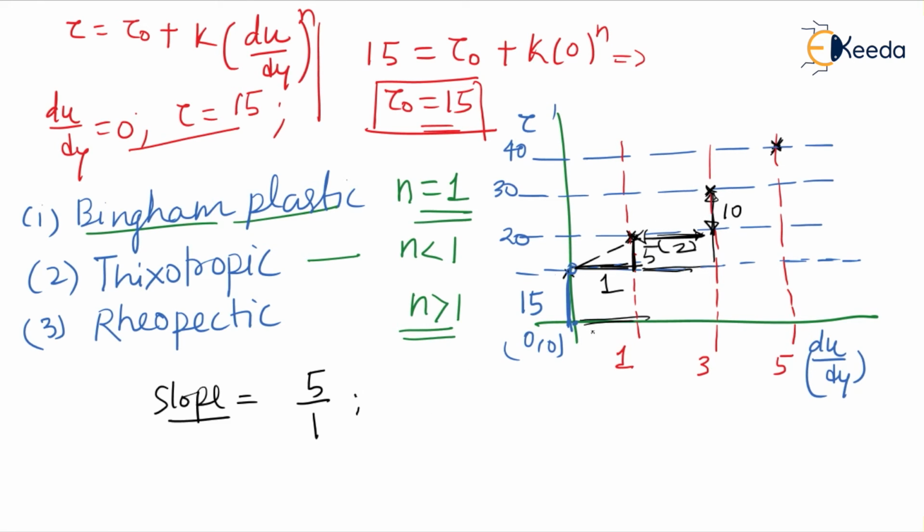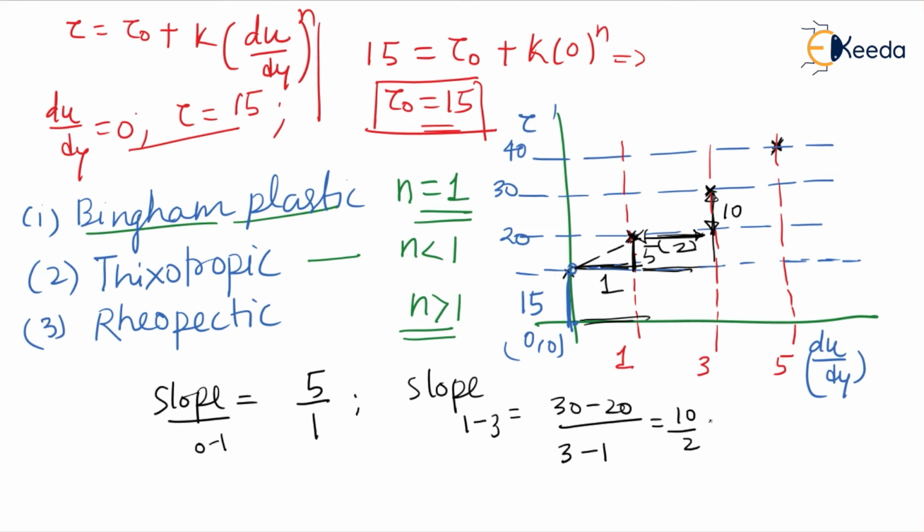So the slope from 0 to 1 is 5, and now the slope from 1 to 3 is 30 minus 20 upon 3 minus 1, that is 10 by 2, that is 5.